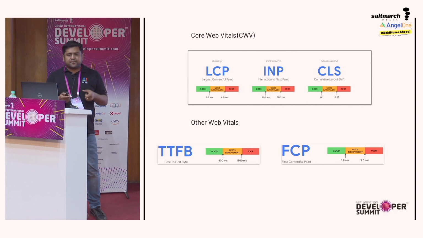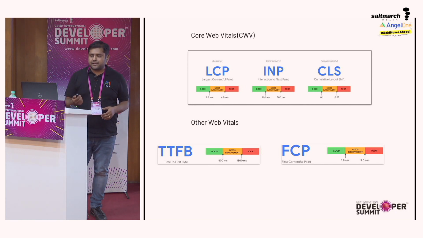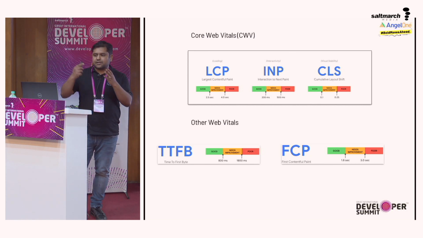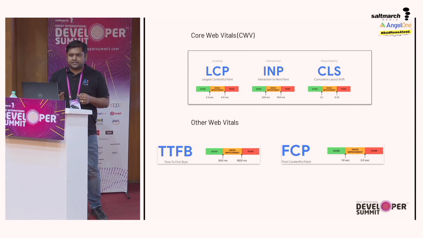The more your TTFB, or the more time the server takes to process the request, the more it pushes your FCP. The more the FCP is pushed, the further it pushes your LCP. So if you are trying to optimize for LCP, a good starting point would be to look into your TTFB first, then your FCP, then go to LCP-specific strategies.